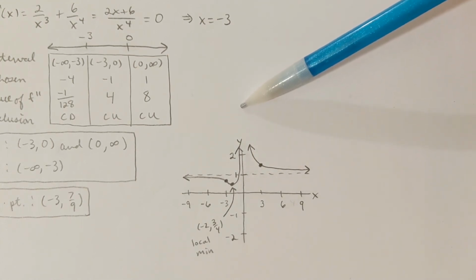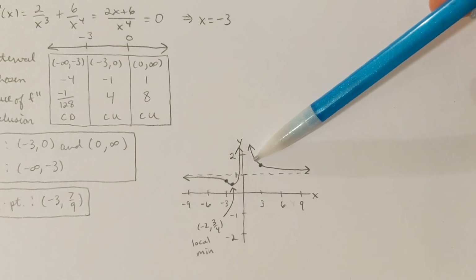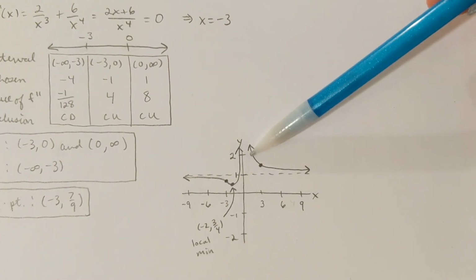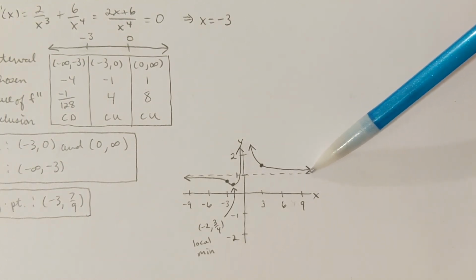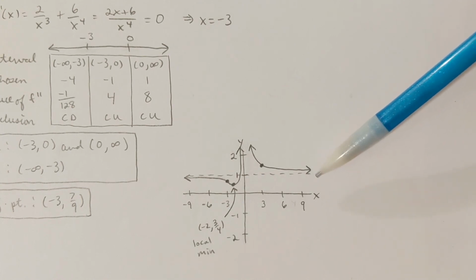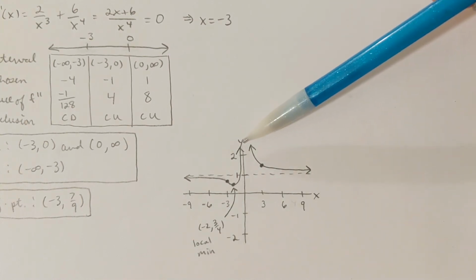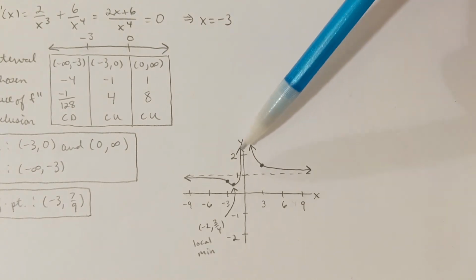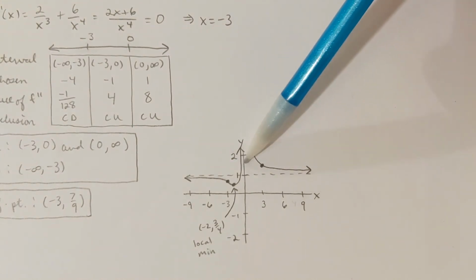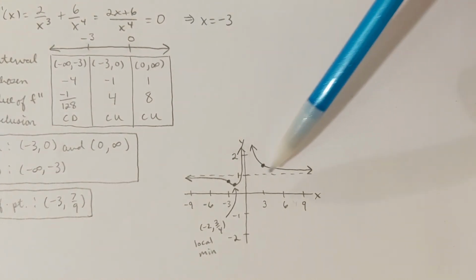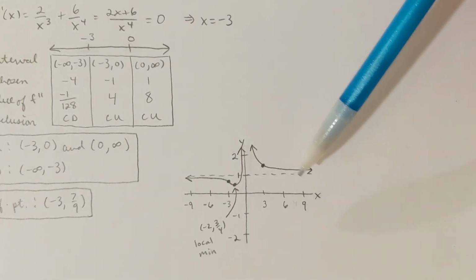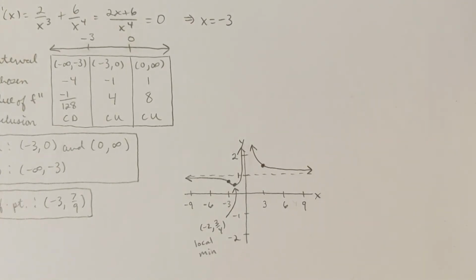So I think the curve is going to be heading down the vertical asymptote. It'll be on the right side of it, pulling away from that slightly, and it'll be approaching the horizontal asymptote from above it. And of course I'm concave up on that part of the graph, right? If I draw a tangent line anywhere on that part of the graph, that's from 0 to infinity, the tangent line is going to be below the curve. We're concave up on that part of the graph.